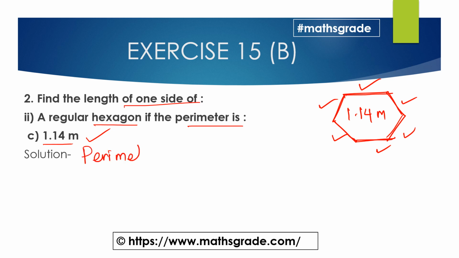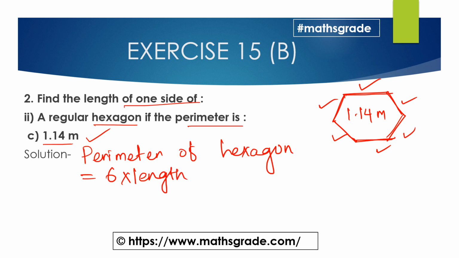We know perimeter of the hexagon is 6 multiplied with length of one side, and the perimeter is given as 1.14 meter.